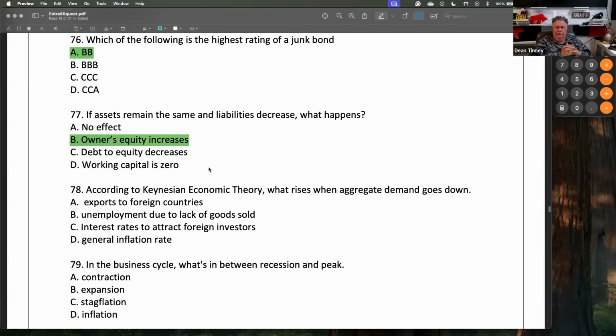According to Keynes, Lord John Maynard Keynes, we talked about him earlier tonight, what rises when aggregate demand goes down? So if demand goes down, what happens? That's not bueno.